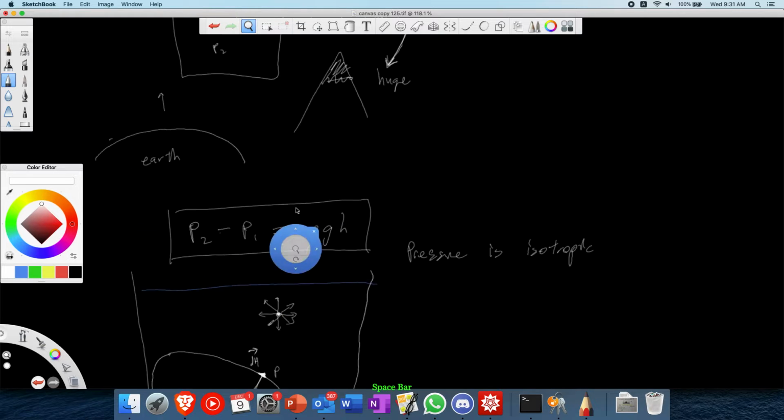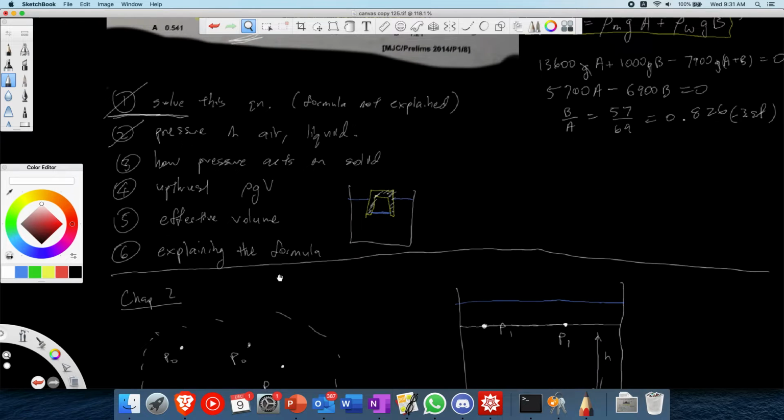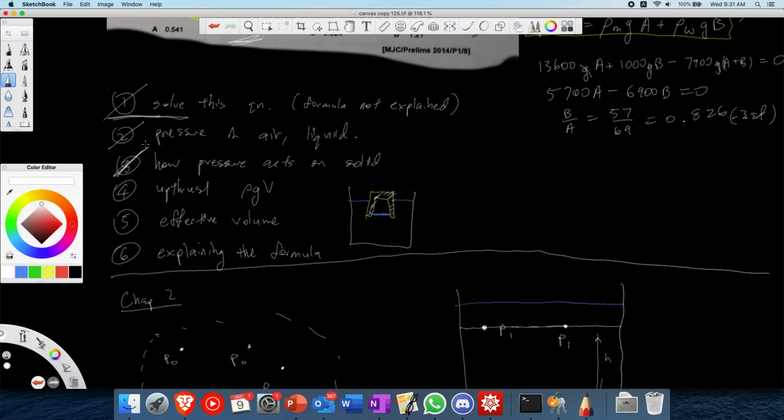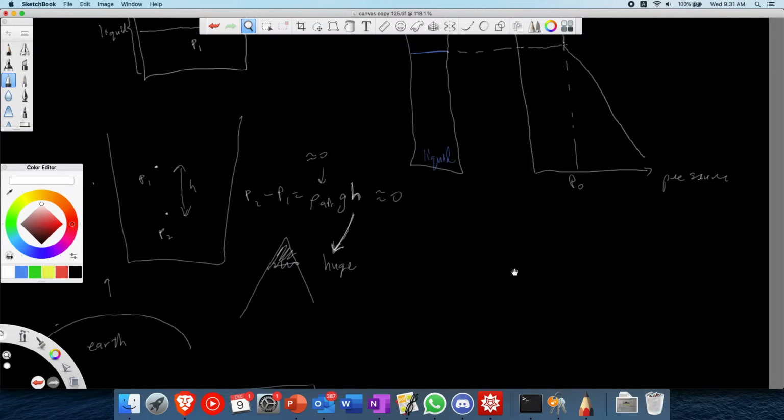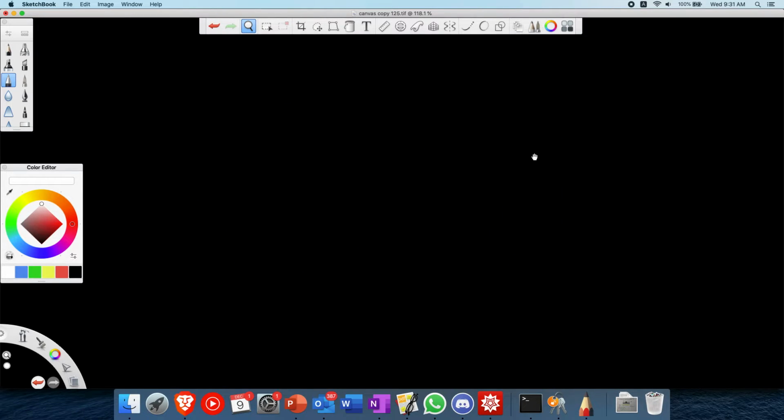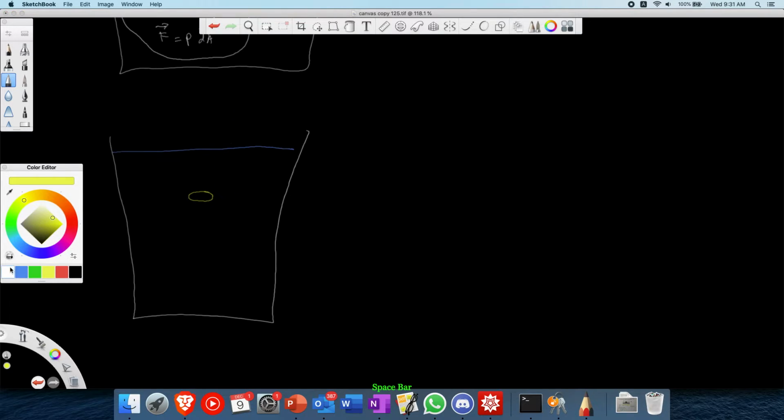Okay, so now we know how pressure acts on solids, so that we can finally answer the question of how upthrust originates. If we have some body of water, in order to explain upthrust, I'll split it into two.